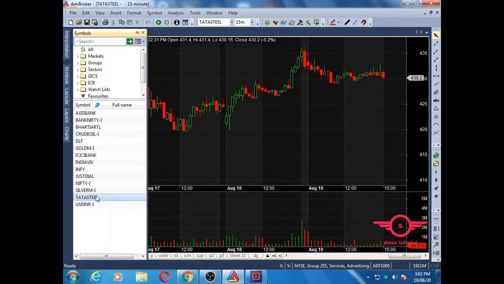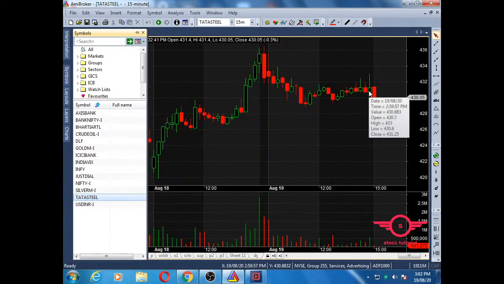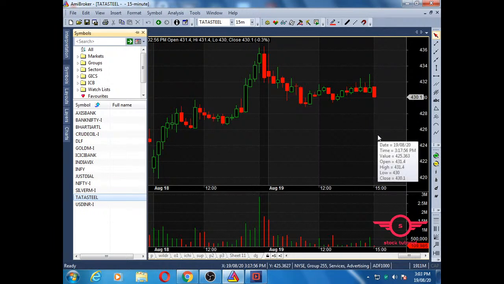Here also it is crossing the low of 436.